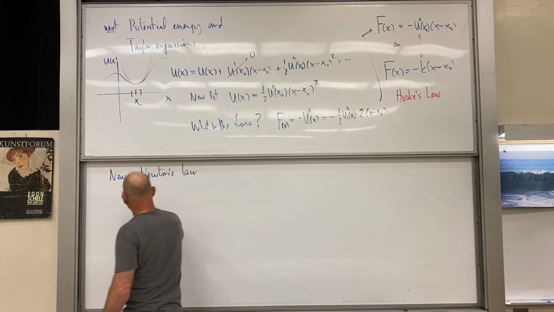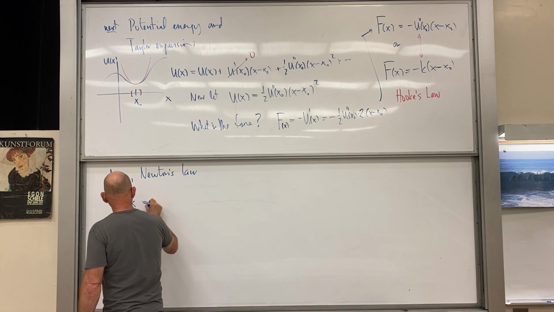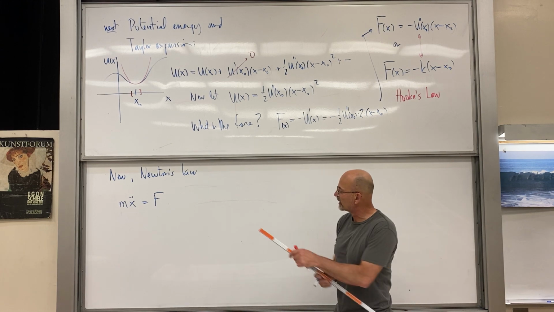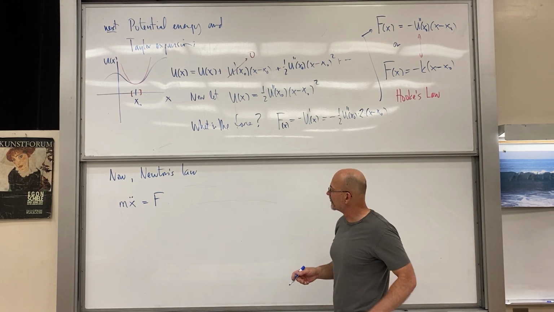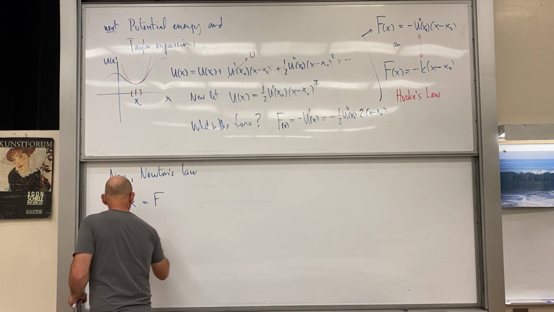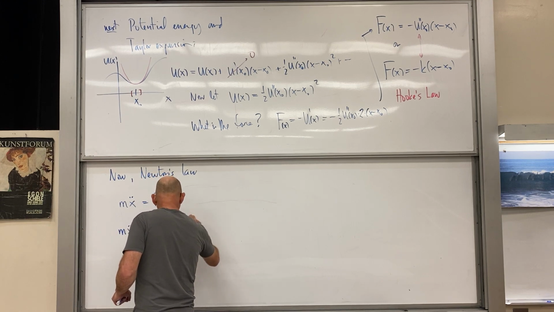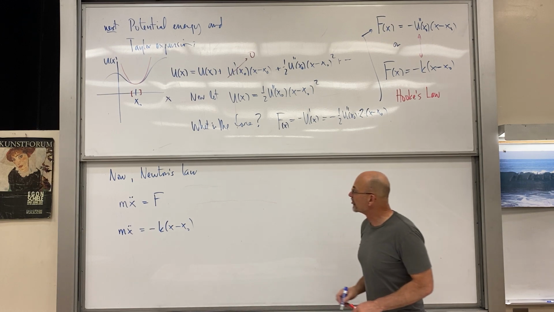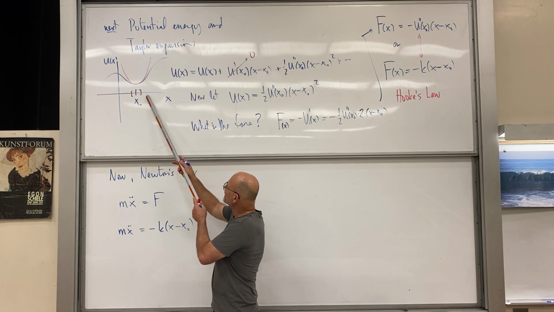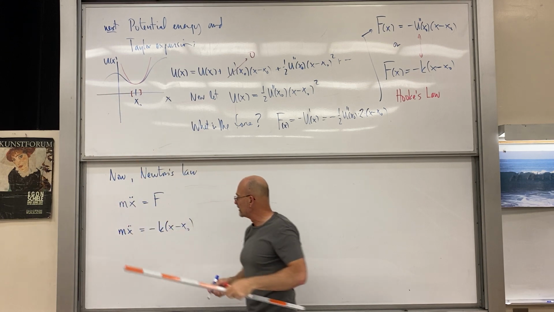Newton's law, I'll even write it this way: m x second derivative equals f. And of course these were functions that were just a function of position. m x double dot equals minus k times x minus x0. So now we're doing the motion in that little red interval there, in this original potential well.